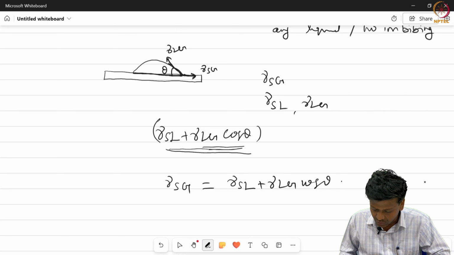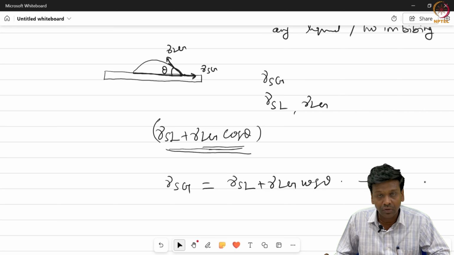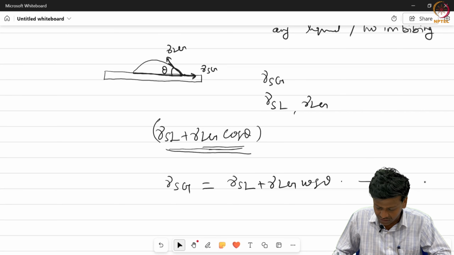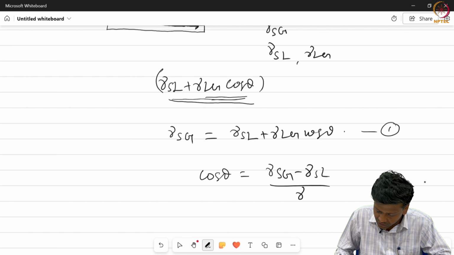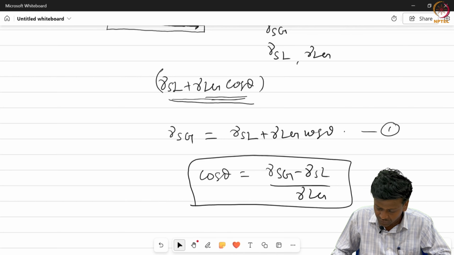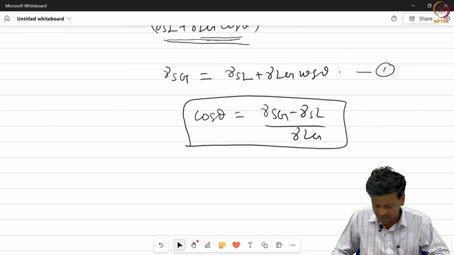One can also calculate cos theta by knowing gamma SG minus gamma SL divided by gamma LG. In this way, you can calculate theta. So this Young's equation can be used to quantify theta on a given surface, right?